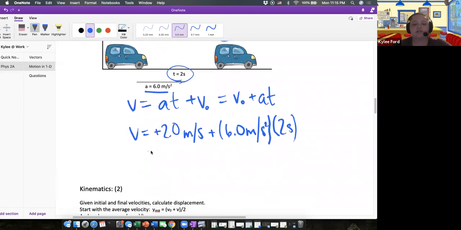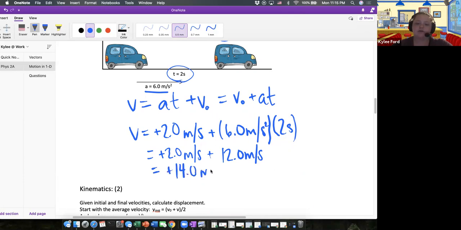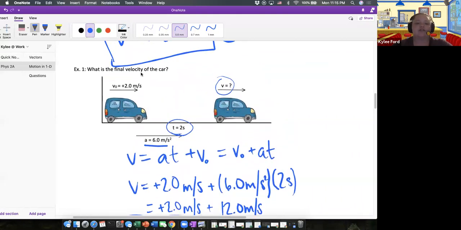So we can solve this equation pretty easily. We still have our 2 meters per second. 6 times 2 is 12. And so our final velocity is positive 14.0 meters per second. And so that is how we would use that equation.